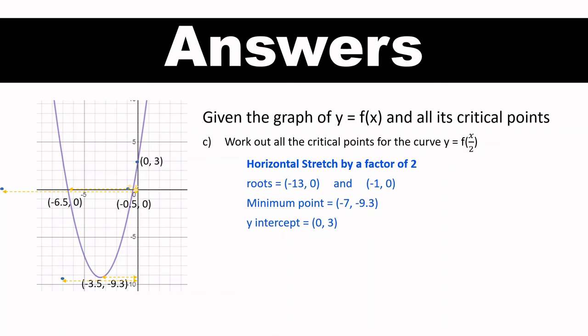My new y-intercept, which was previously on the y-axis, so its distance of 0 from the y-axis, remains on the y-axis, still a distance of 0, or 2 times 0 from the y-axis.